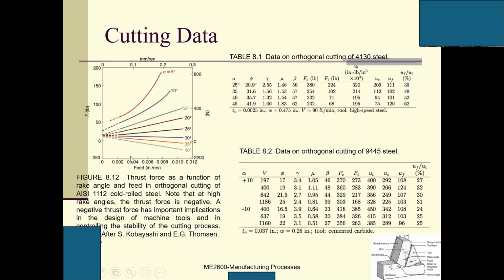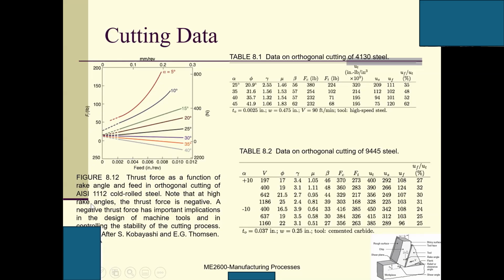So the thrust force, based on different feeds, and this is the thrust force as a function of rake angle. For different angles, you can see they have different curves. And this is the feed in orthogonal cutting of AISI 1112 cold rolled steel.